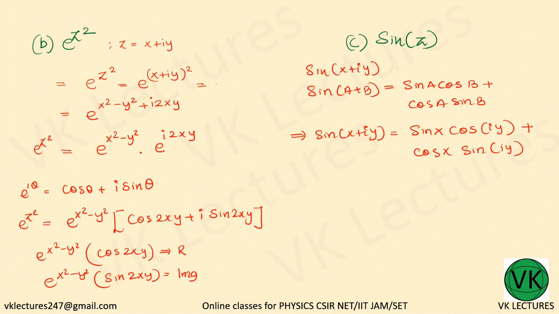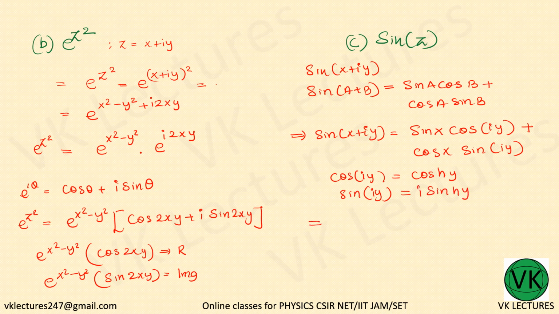What we know is cos iy is equal to cos hyperbolic y, and sin iy is equal to i sin hyperbolic y.